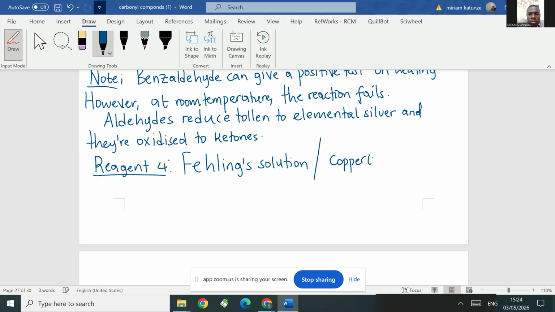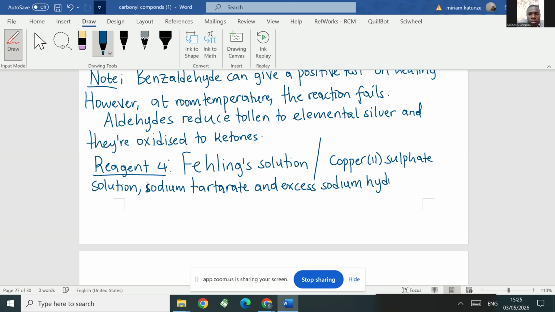It's a mixture of copper 2 sulfate solution, sodium tartrate, and excess sodium hydroxide solution.